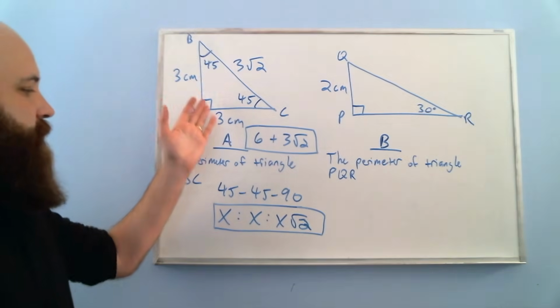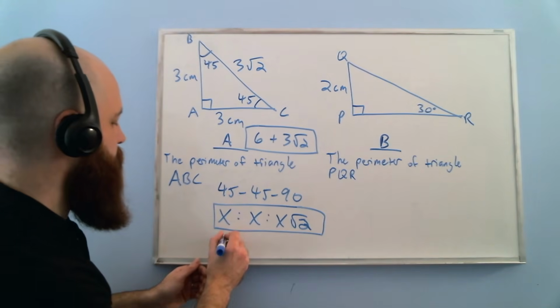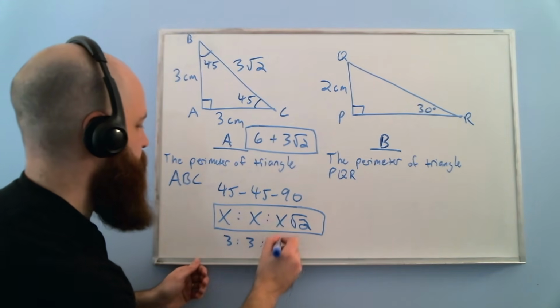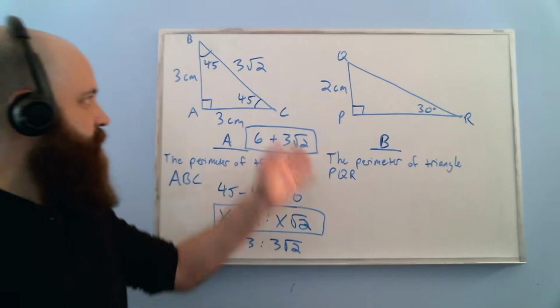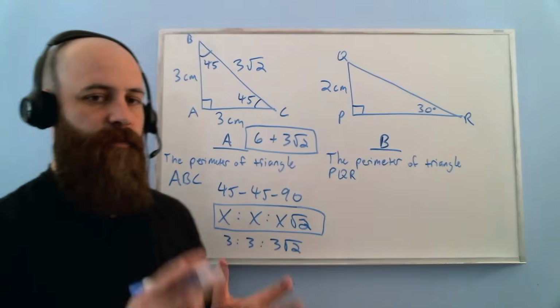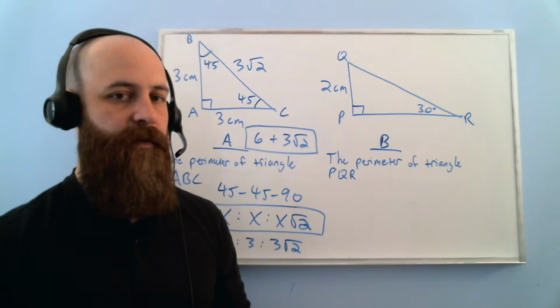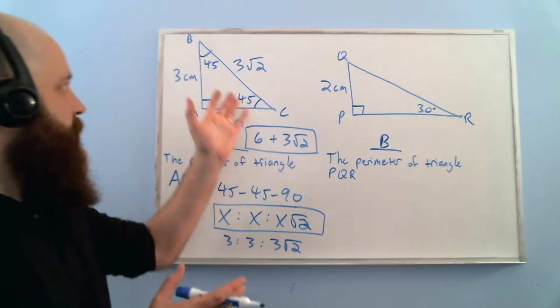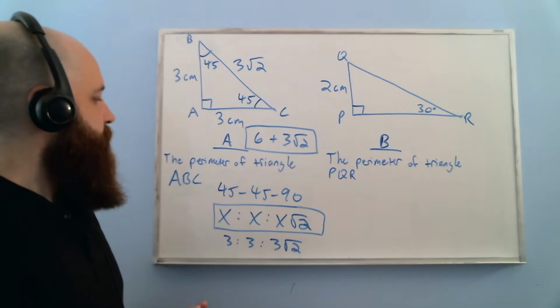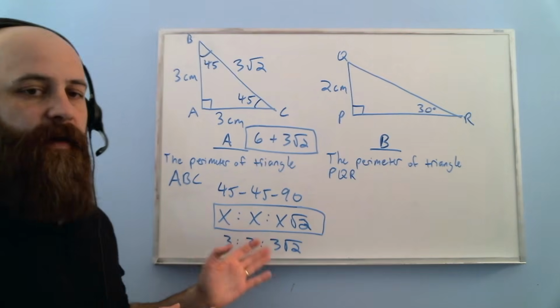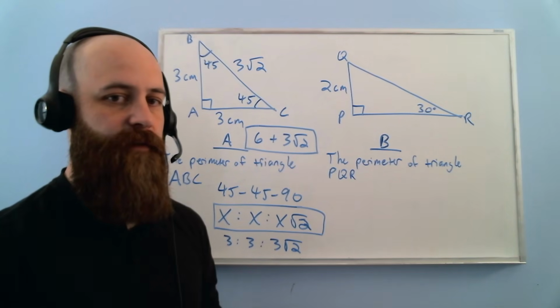In this case, I know that one of the legs, or x, is equal to 3, so then I can find the hypotenuse is 3 root 2. So that gets me to the length of the hypotenuse in a much more efficient way than using the Pythagorean theorem. So if I'm ever dealing with a 45-45-90 triangle, I want to spot it immediately, and this formula should come to mind because it can probably make my life a lot easier.